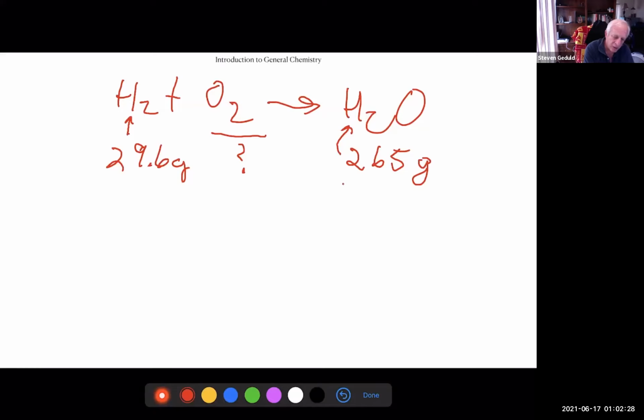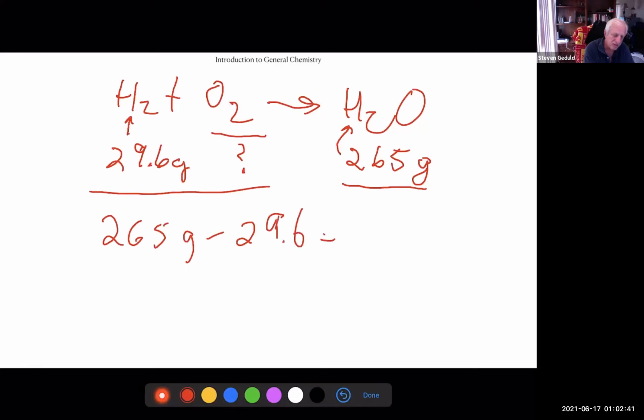So if you end up with 265 grams on one side, you have to have 265 grams on the other side. So 265 grams minus 29.6 gives you how much oxygen you had to react with. Let me get my calculator.